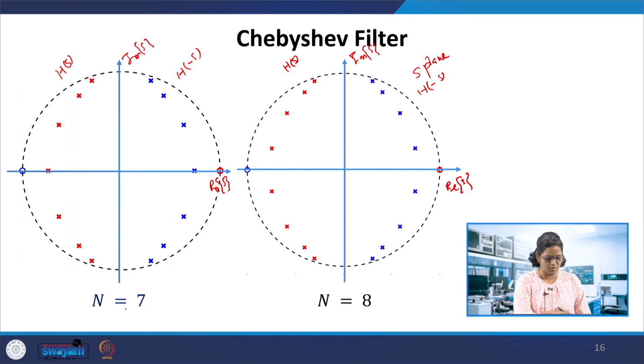You will have the number of poles according to the order.